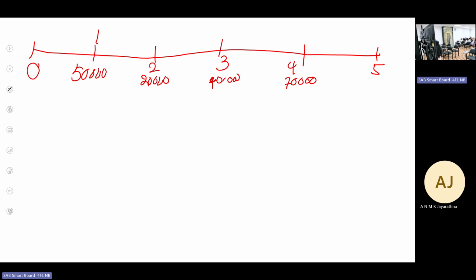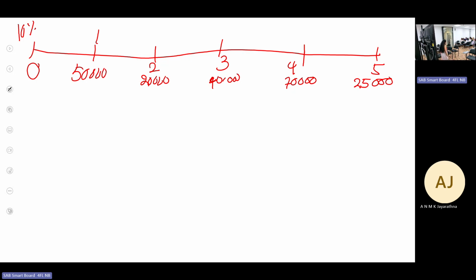Last year, 25,000. Interest rate 10%. What is the first task?